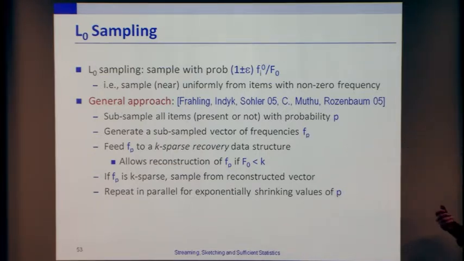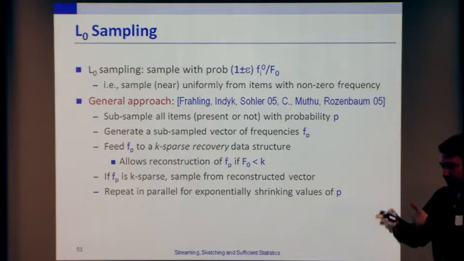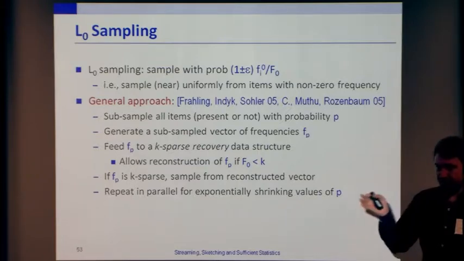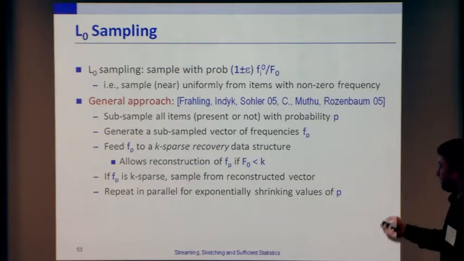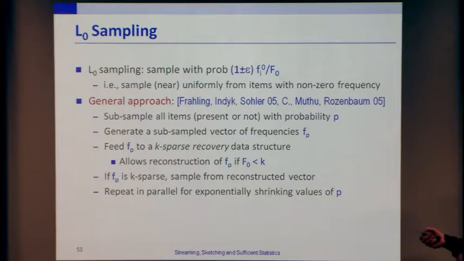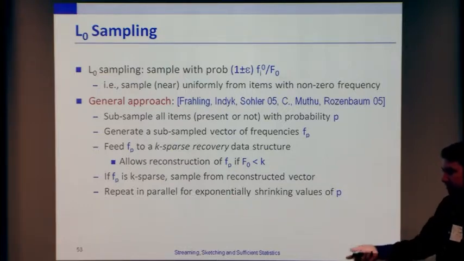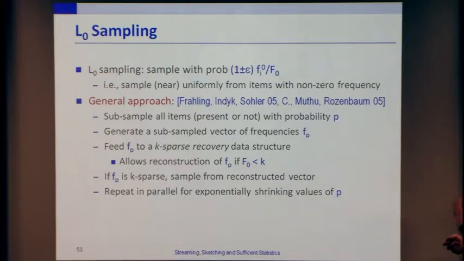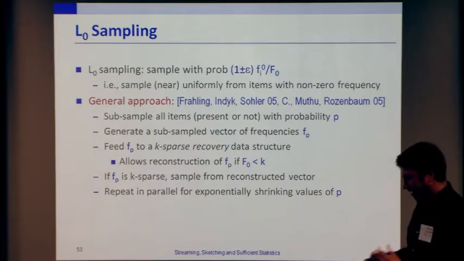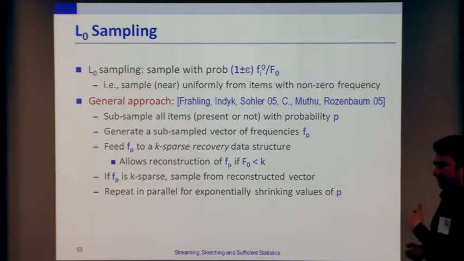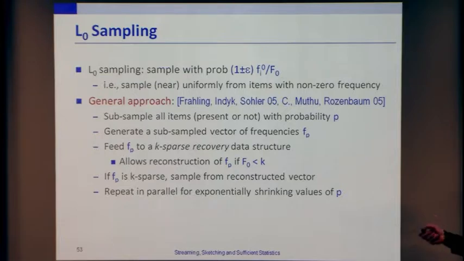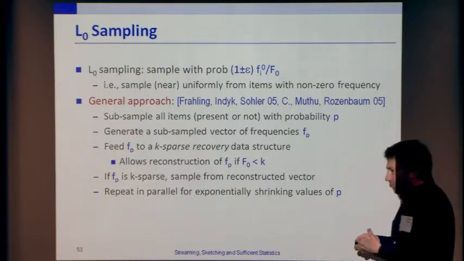Well, that would actually be what we need if we were only interested in sparse vectors, right? If I see lots of arrivals and departures of items, and at the end I have a sparse vector, then I can just feed all of that into a k-sparse recovery structure, sketch just that remaining vector at the end, recover that, and then directly do this sampling from that vector. But obviously I don't always have that situation.